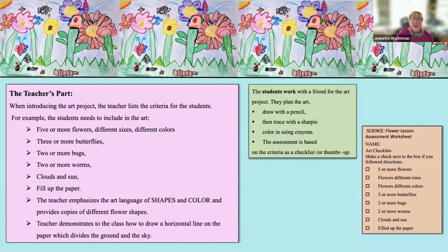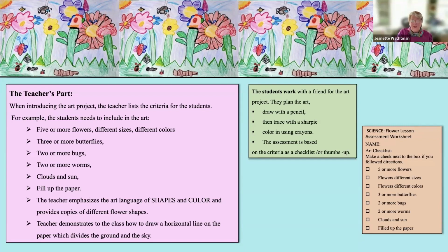Some of the flowers have round shapes, oval, zigzag at the ends, or they come to a point. And most important is that you provide students with visual resources so they can see there are different shapes. So you've introduced a language.